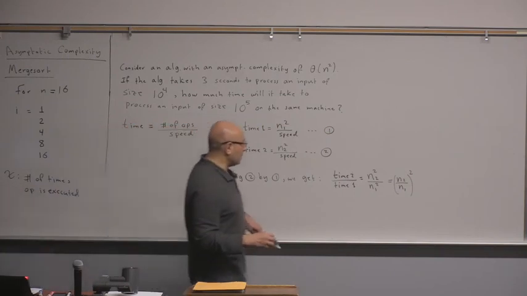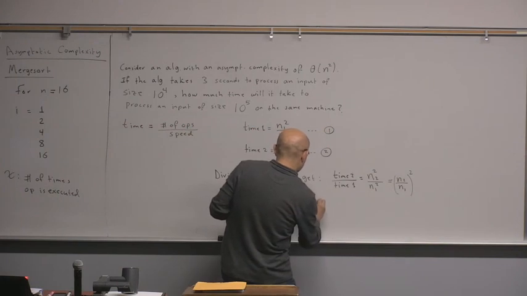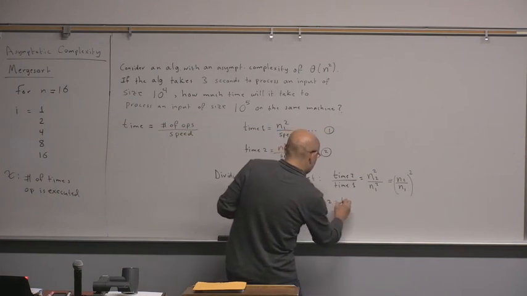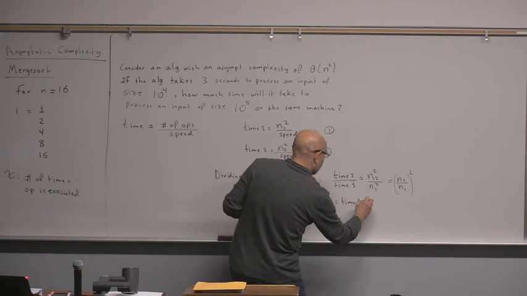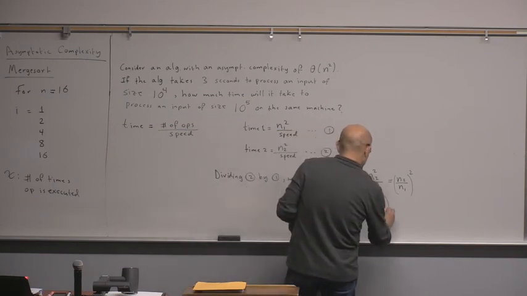In other words, time 2 equals time 1 multiplied by n2 divided by n1 squared.